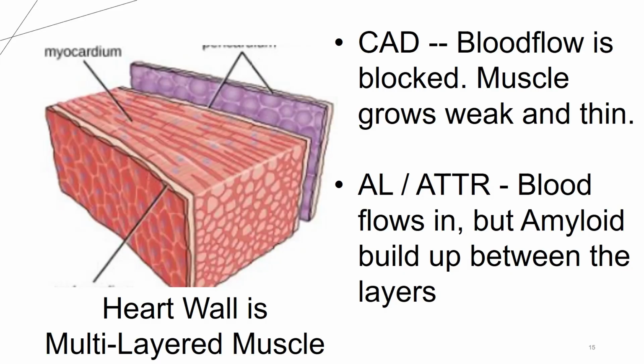All the layers of muscle have to slide on each other in order for the heart to really effectively pump. And that thickness and stiffness is the central way that the amyloid affects the heart, both in AL amyloid and TTR.